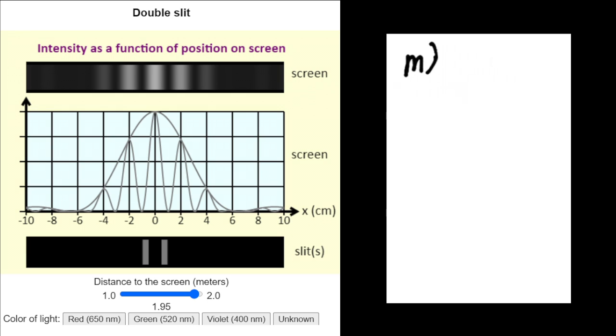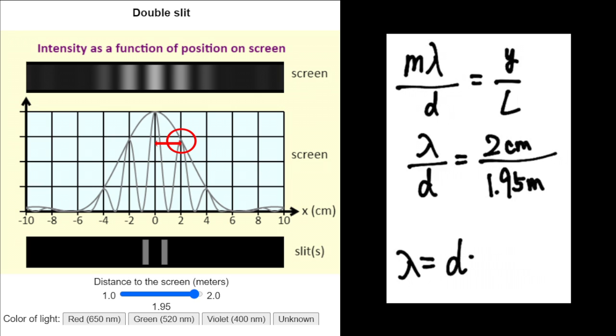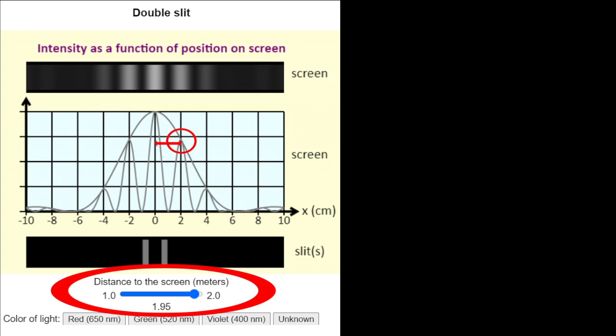Because m lambda over d is equal to y over L, and we're using the first order maximum from the interference pattern, lambda is unknown. The d is what you got from the previous part, and y is the distance from the center to the first maximum. L is the distance to the screen, so we can solve for lambda.